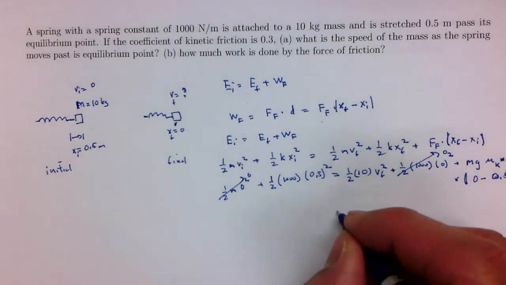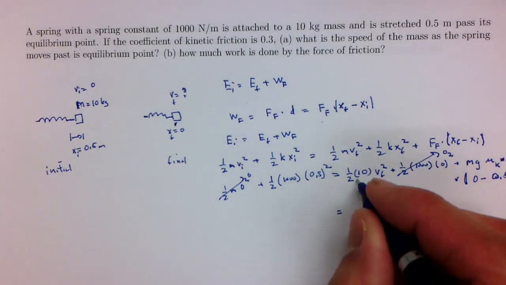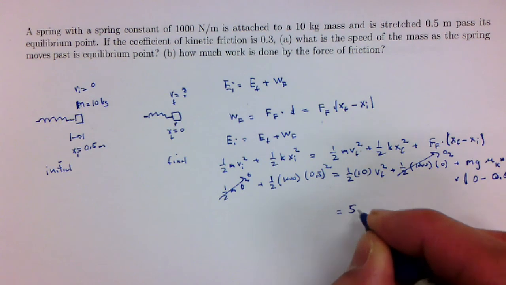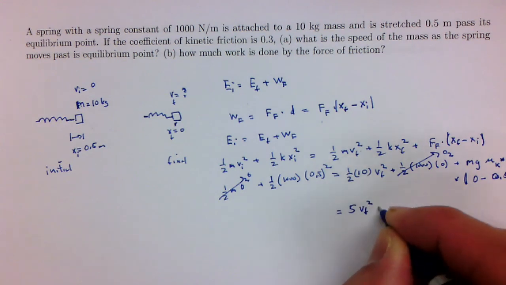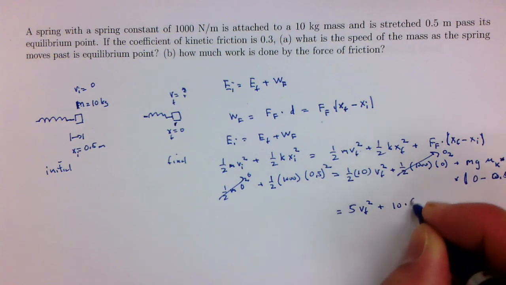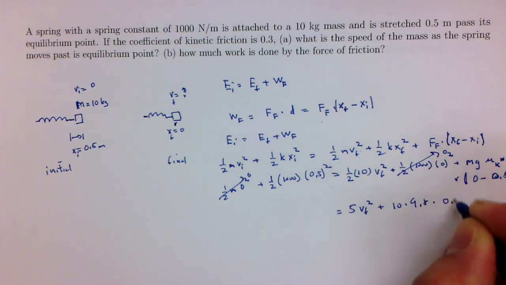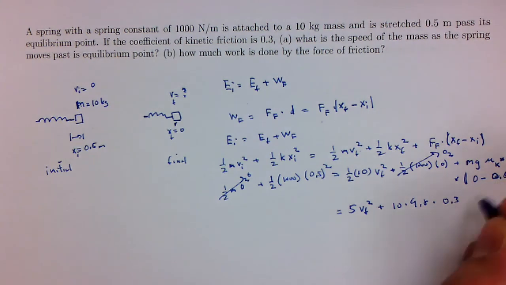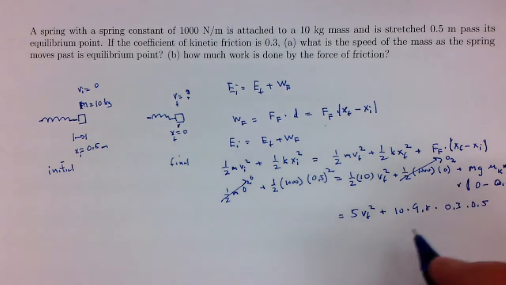So let's write this down a little neater. This is 1/2 times 10, which is 5 v_f squared plus mg mu, so it's 10 times 9.8 times 0.3, and the absolute value is 0.5.